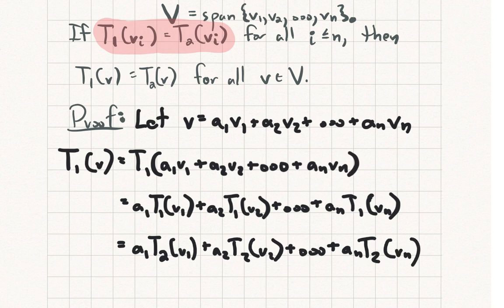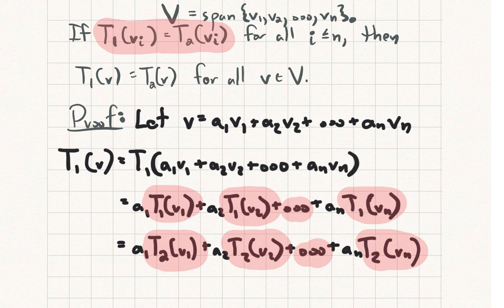And that's because T1 of V1 equals T2 of V1. T1 of V2 equals T2 of V2. And T1 of Vn equals T2 of Vn. And for all the other vectors in there as well. So we're using our assumption here.